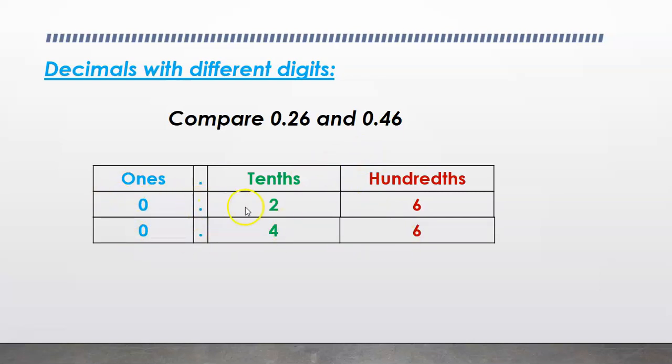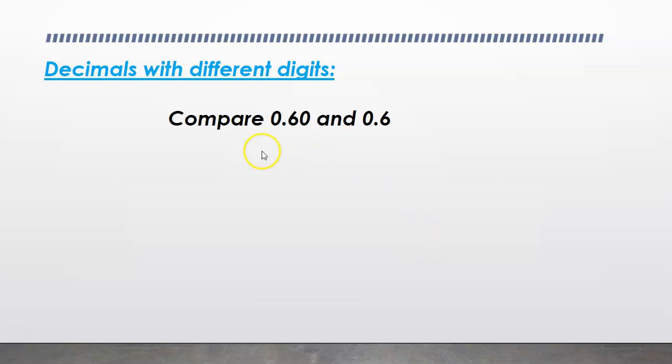First 0.26, second 0.46, and compare: ones are the same, tenths 2 and 4, then 46 hundredths is more than 26 hundredths. Okay, the next one: compare 0.6 and 0.60, or 6 hundredths and 6 tenths.